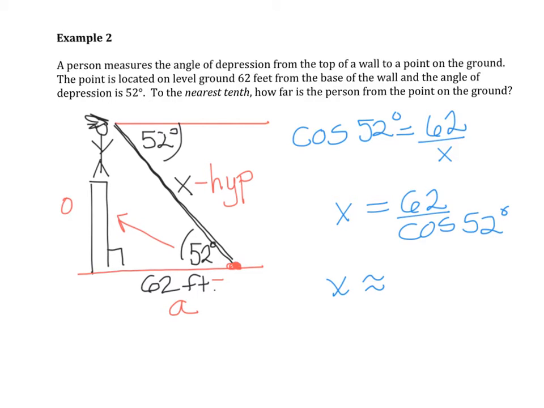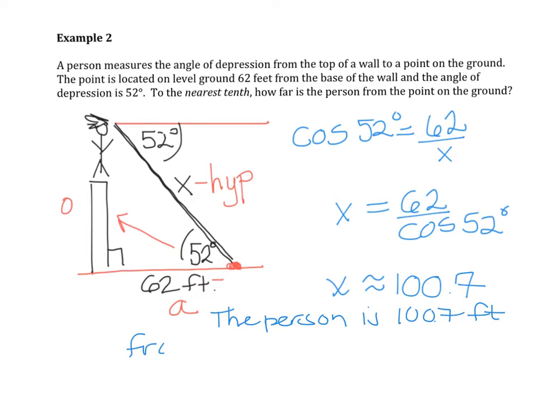Okay, and hopefully you got 100.7. If you did, great job. So the person is 100.7 feet from the point on the ground.